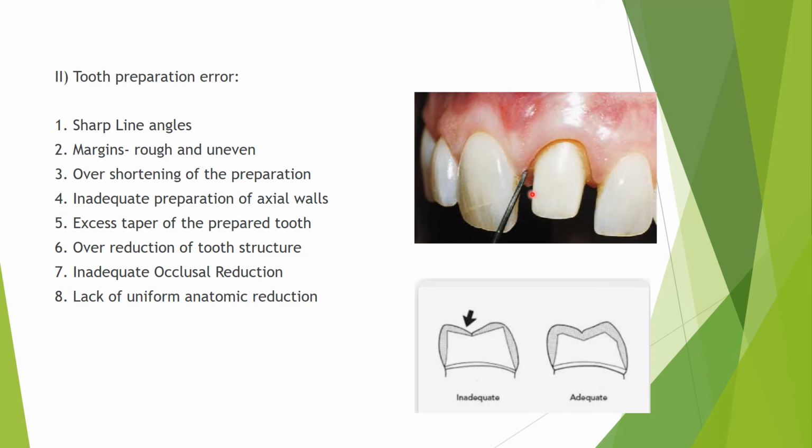So that means the axial wall is not reduced properly. It may be over reduced, but here it's adequate, here is under prepped, right? And it's not following a proper anatomy on one surface. So basically you need to follow the anatomy properly to get all these incorporated, right? Here you can see in the occlusal surface, this shows an inadequate reduction, this shows an adequate reduction because it has clearance all over even.